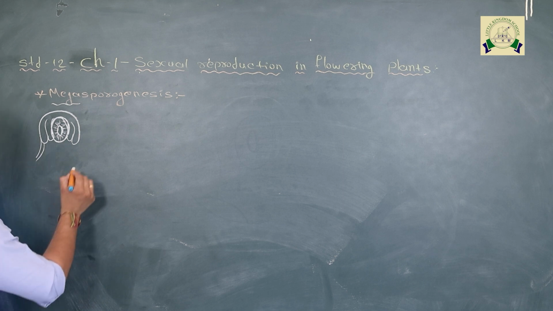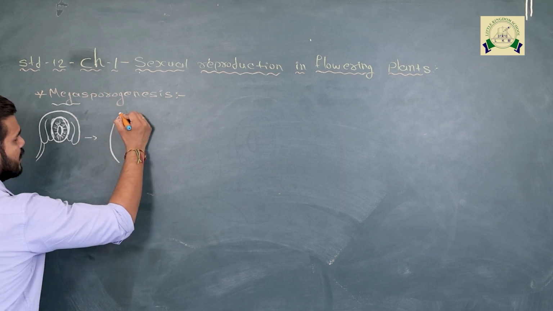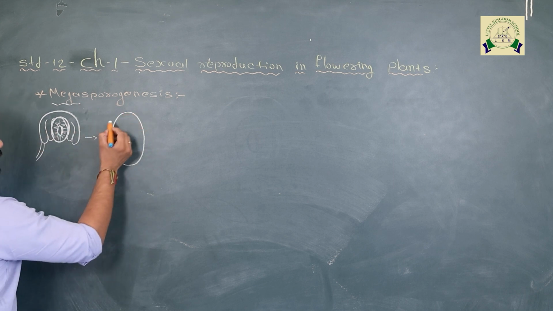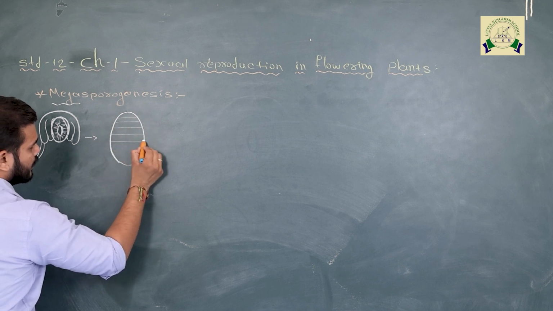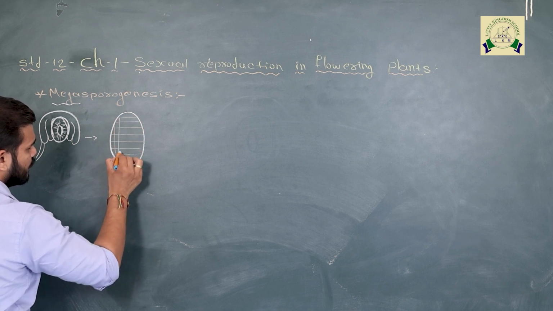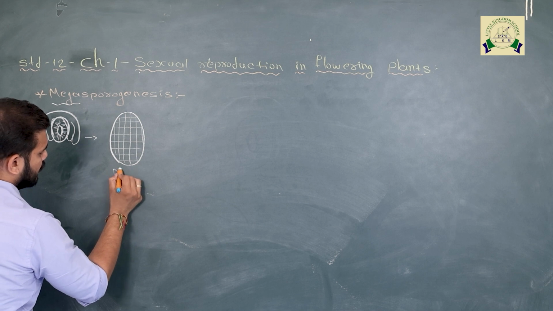Suppose this one is the nucellus. It is a group of cells, thousands of cells present in the nucellus tissue. These all are cells.